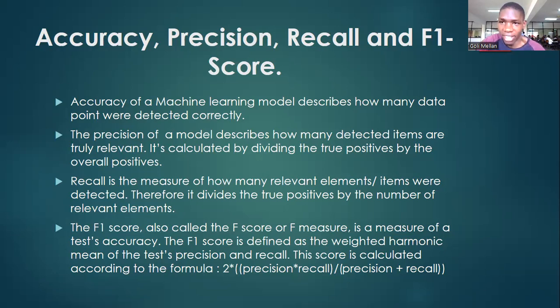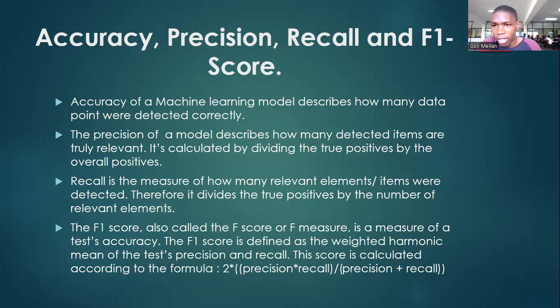It divides the true positives by the number of relevant elements. With the same example, suppose the model is able to detect all 200 elements as dogs or cats. Then our model has good recall, and that's a good step forward.